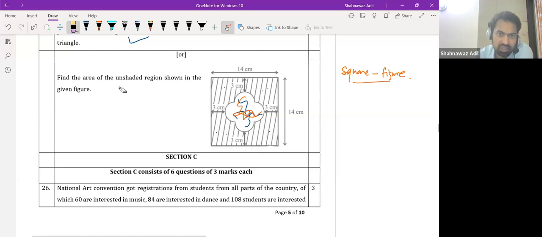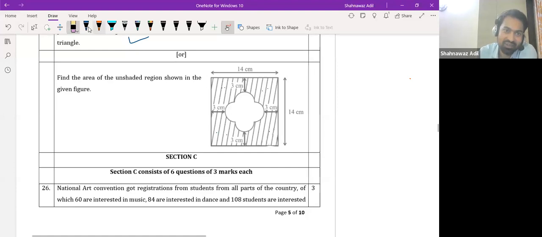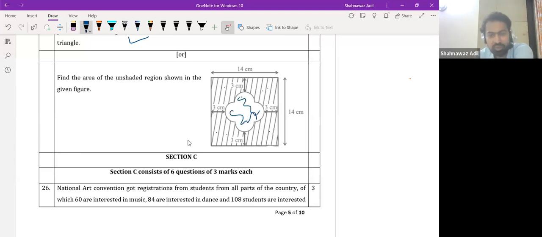Oh, unshaded region. Good. Generally they ask the shaded region. Sorry about that. So we have to find the unshaded region, this area, right? Okay, then we don't need this one.